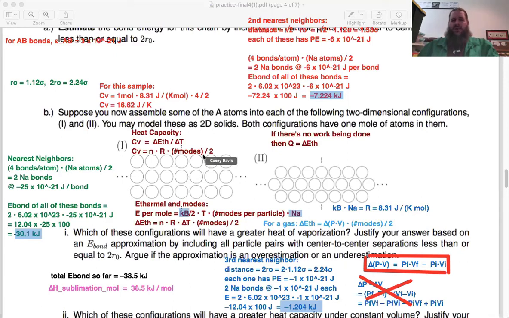In this case, though, this is 2-dimensional. So each atom has 2 translational kinetic energy modes because it can only move in 2 dimensions, and 2 potential energy modes because it can only interact with its neighbors in 2 dimensions, neighbors to the left and right, neighbors above and below. So add those up, you get 4 modes per atom.